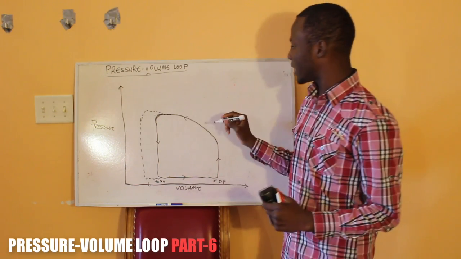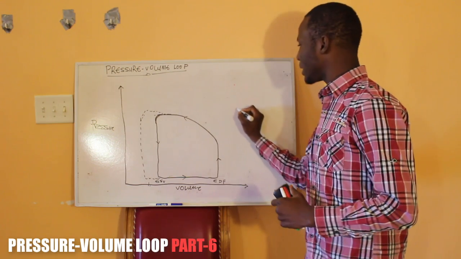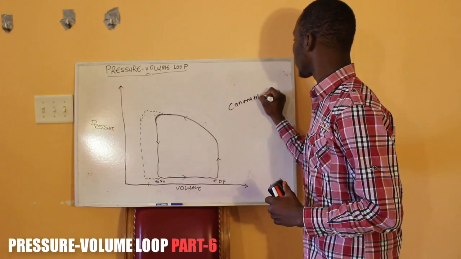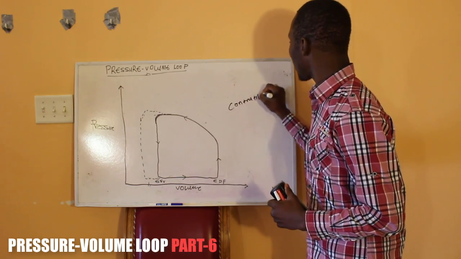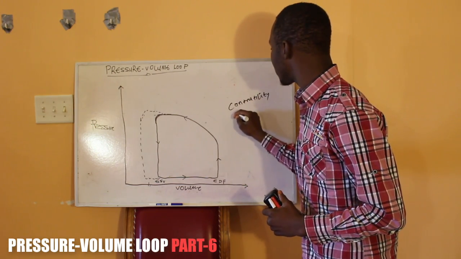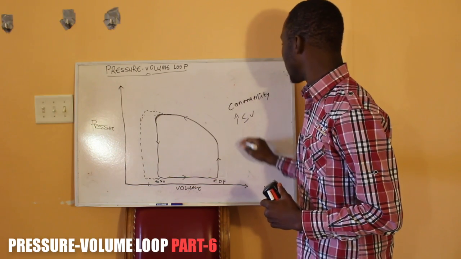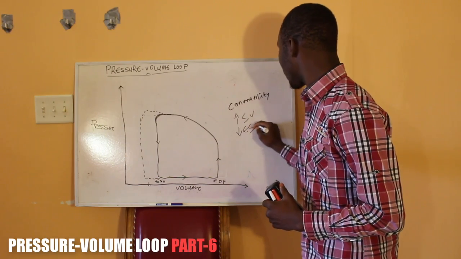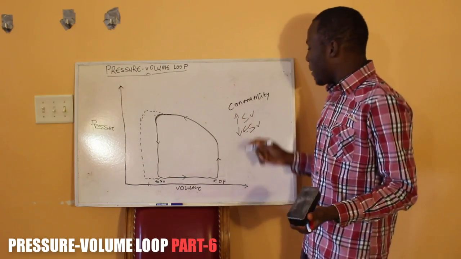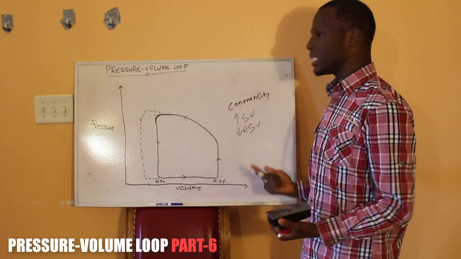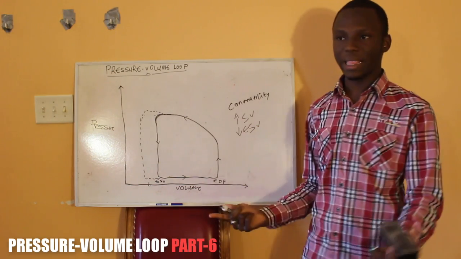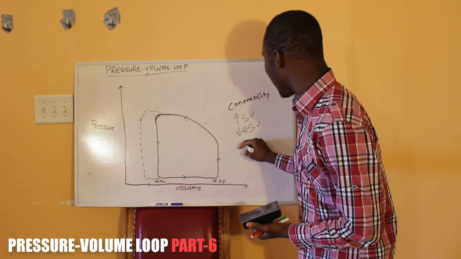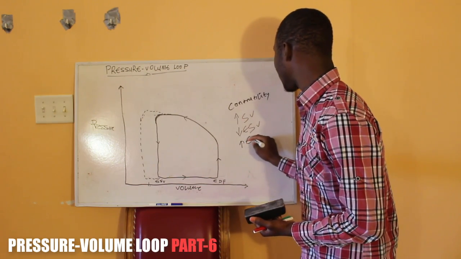So our contractility, I'll just write it here, will increase our stroke volume due to a decrease in our end systolic volume, right? And because now there's an increase in stroke volume and no change in our end diastolic volume, there will be an increase in ejection fraction.